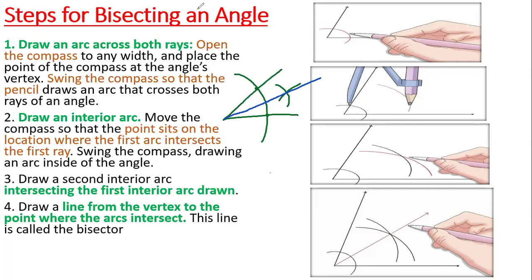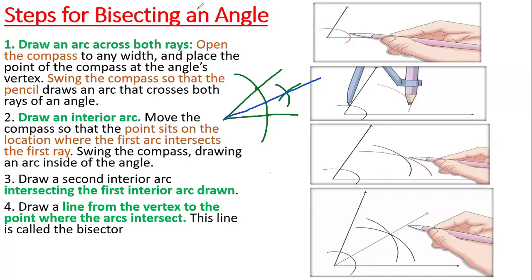Move the compass so that the point sits on the location where the first arc intersects the first ray. Swing the compass, drawing an arc inside the angle. Number 3, draw a second interior arc, intersecting the first interior arc drawn. Number 4, draw a line from the vertex to the point where the arcs intersect. This line is called the bisector.